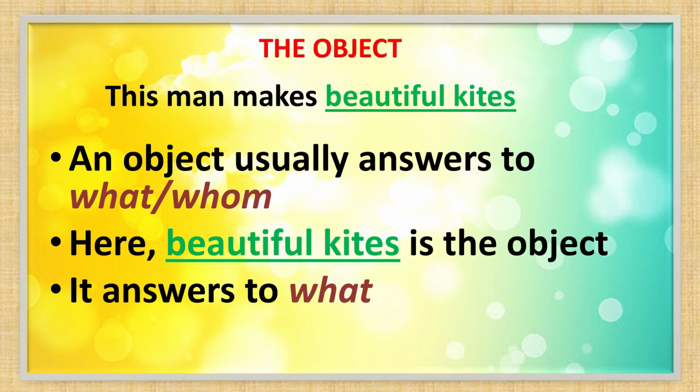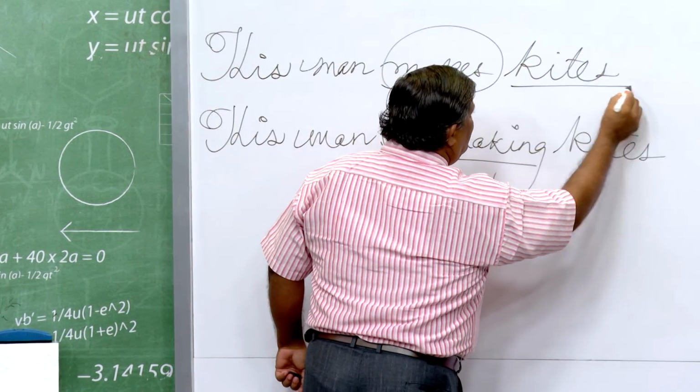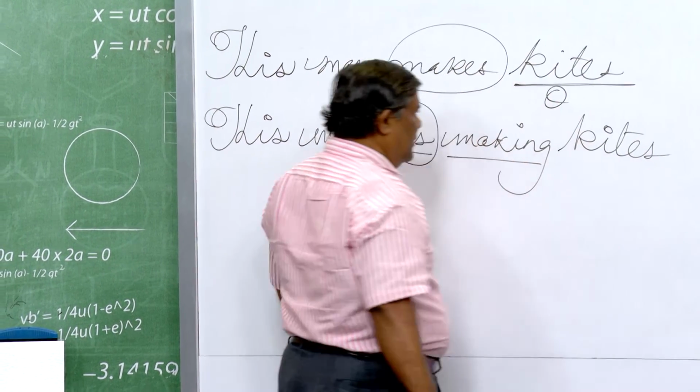And now, see, come to the object of the sentence here, and if we take the first sentence, this man makes beautiful kites, this man makes kites or beautiful kites, and here which is the object?